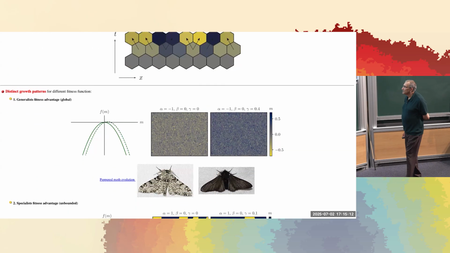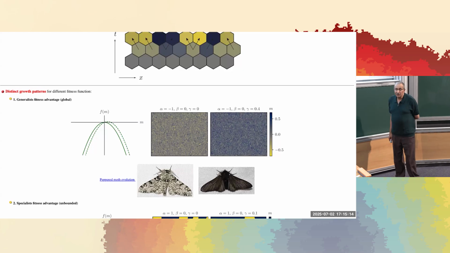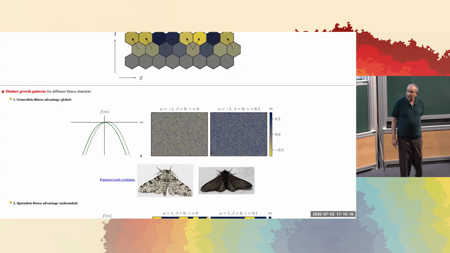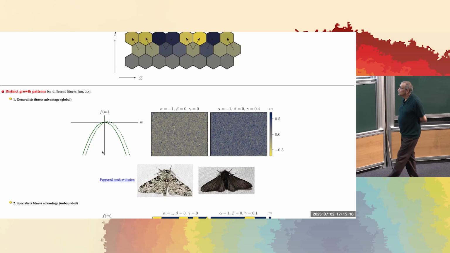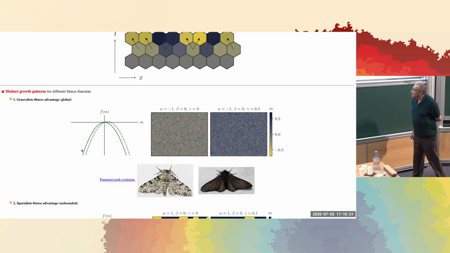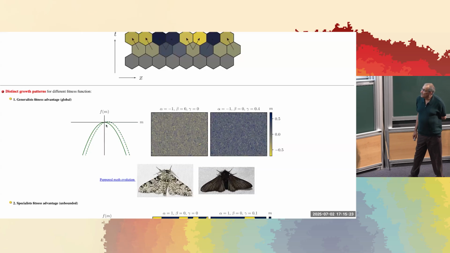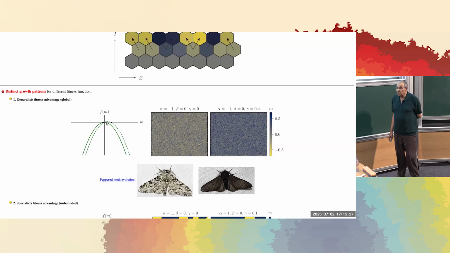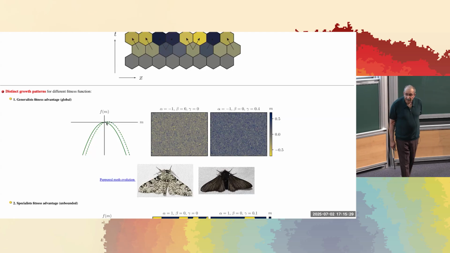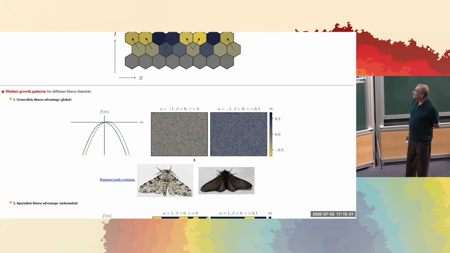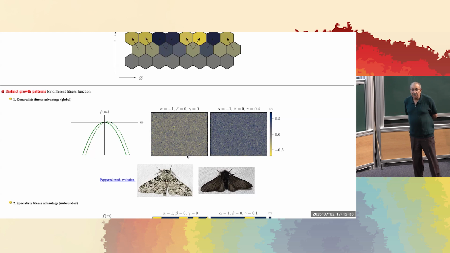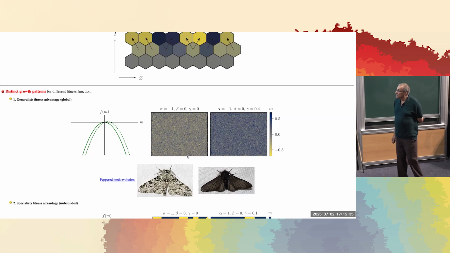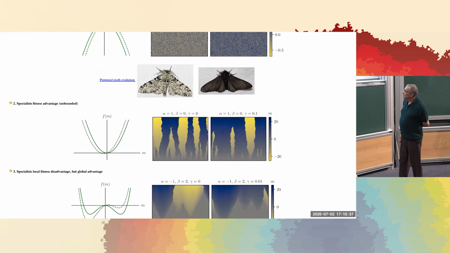So we looked at a number of different functional forms. One functional form that is not particularly useful for speciation is where m equals 0, or in the vicinity of m equals 0, is the most fit. And then the population really just goes on as a mixture and does not specialize.